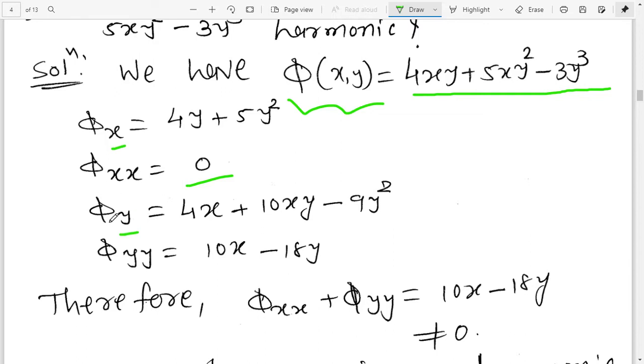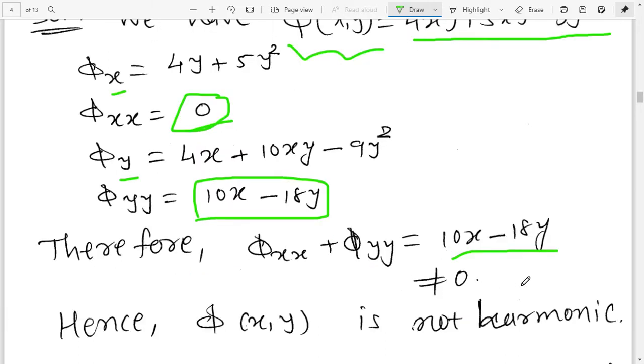Again differentiating this, phi yy is equal to 10x minus 18y. Therefore phi xx plus phi yy is equal to 10x minus 18y. So this is not equal to 0, hence phi is not harmonic.